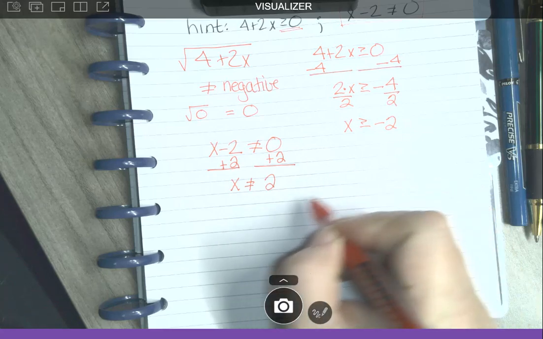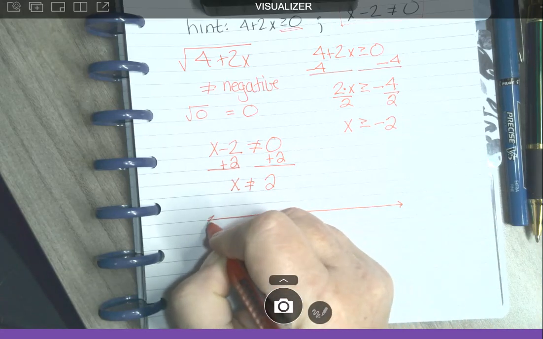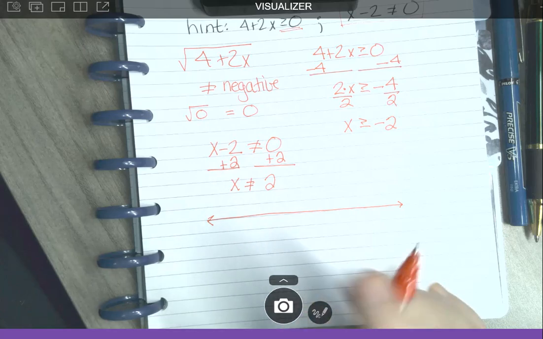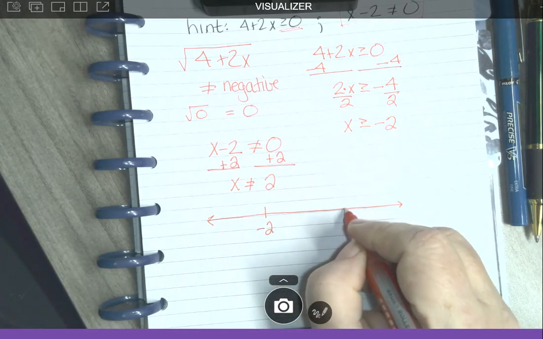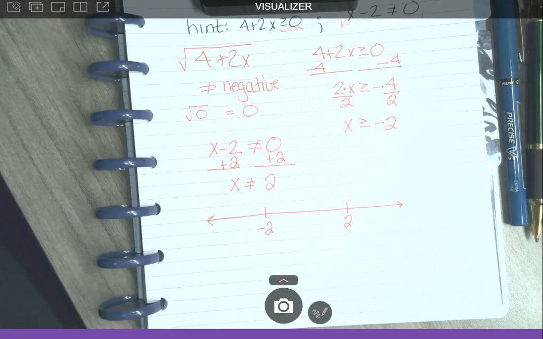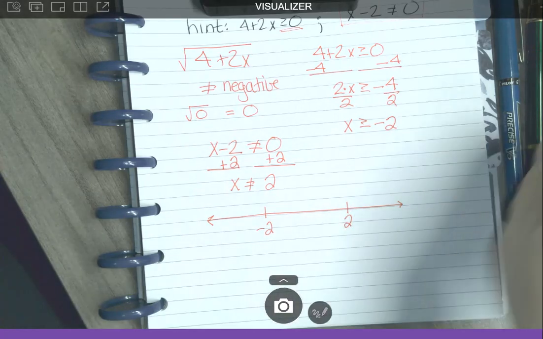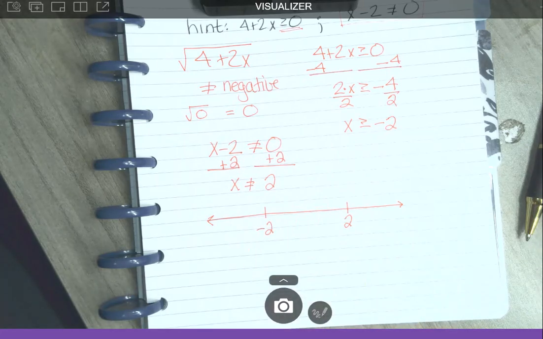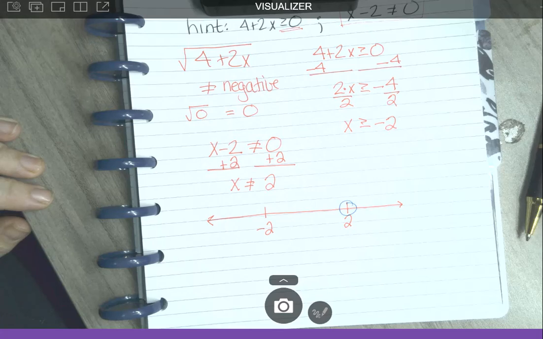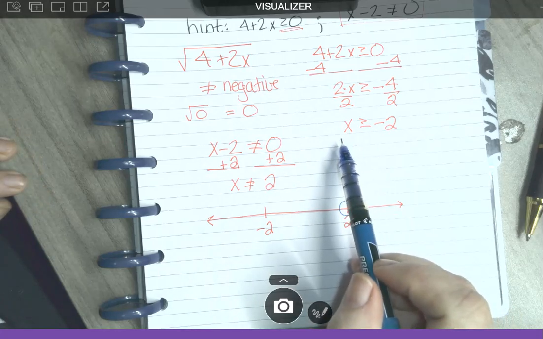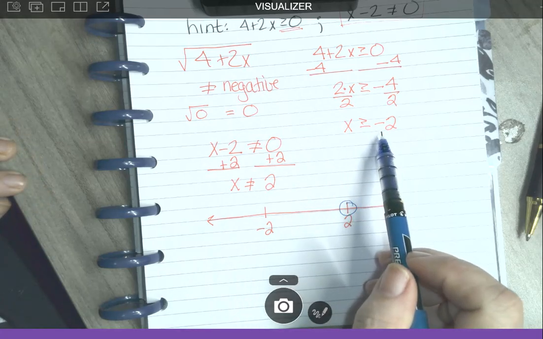Let's make our number line, and this is going to help you. Always make a number line. We have negative 2, and we have 2. Now, first of all, we see that x cannot be 2. That means for sure we're going to have an open circle here. But this part, x has to be greater than or equal to negative 2.